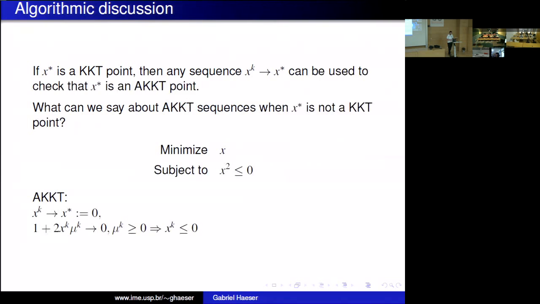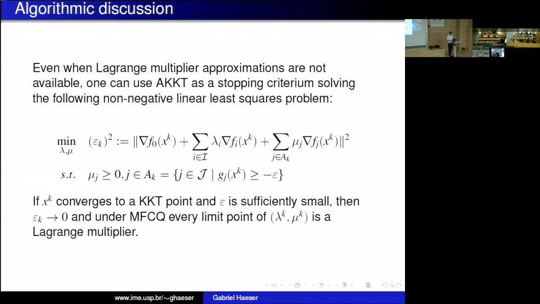Okay, so maybe I should talk about this slide. We have used this idea also when the solver does not generate an approximation for the Lagrangian multipliers. The Augmented Lagrangian does that, and many other solvers generate this approximation, but maybe you can use this idea to define stopping criteria when a solver does not provide you an approximation for the Lagrangian multipliers.